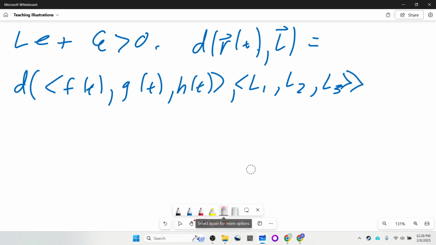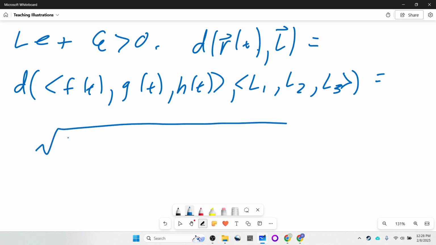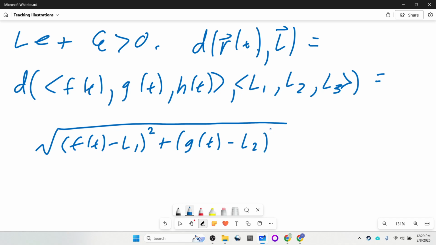That last should be a parenthesis, not a bracket. And this becomes square root of, remember our distance formula, f of t minus L1 squared plus g of t minus L2 squared plus h of t minus L3 squared. So those are my 3 different components.